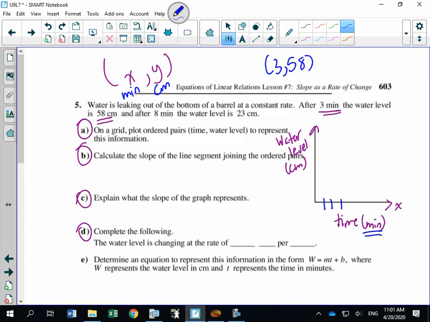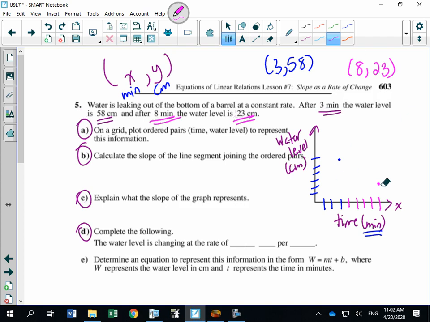So at 3 minutes, 10, 20, 30, 40, 50, 60. Let's just say that's your first point. And then the second point, after 8 minutes, the water level is 23 centimeters. So 3 minutes, 4, 5, 6, 7, 8 minutes, it's 23 centimeters.